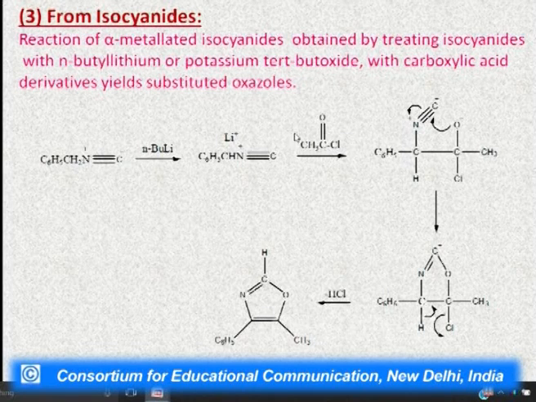It will react with a carboxylic acid derivative, that is the acyl derivative of carboxylic acid. These together will react and make an intermediate, which will rearrange to give a cyclized product, which after the removal of mineral acid, that is hydrochloric acid, will finally give us a substituted oxazole ring.